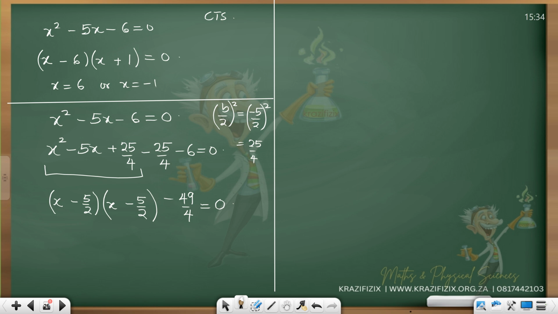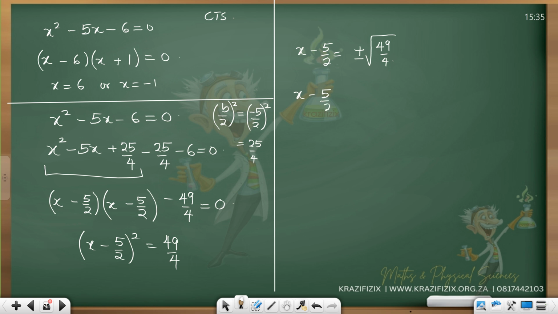Let's solve together. All right, so x minus 5 over 2 squared should be equal to what? 49 over 4. You see what I did? That already went over. Square root of both sides. Don't forget the rule. Plus or minus square root of 49 over 4.